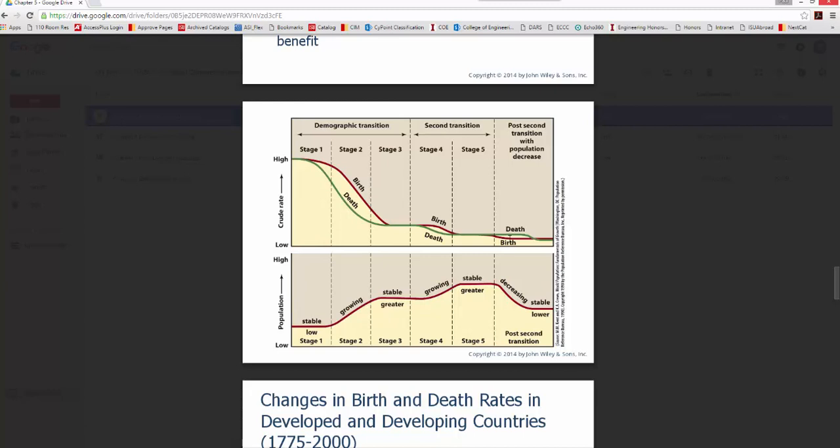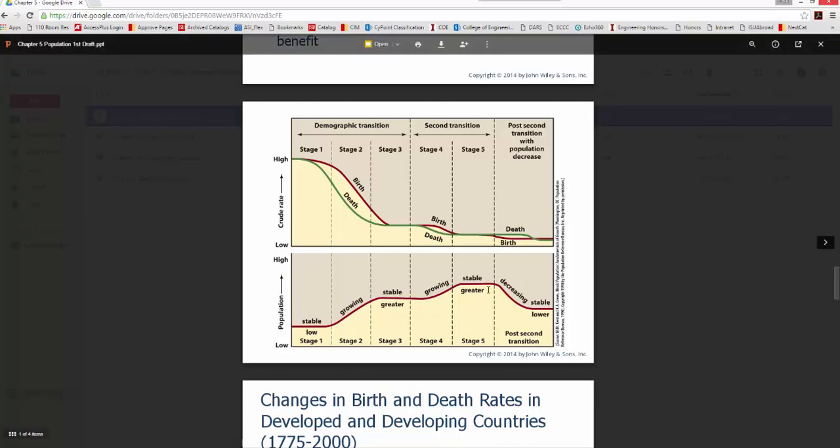And I'm not sure why they don't call it stage 6, but we'll leave it as is. But birth rates now are exceeded by death rates. And the death rate hasn't changed because notice it's a flat line here. It's just that births have decreased. And now we begin to see a decrease in population and a stable population, and it's even lower than it was back up here.